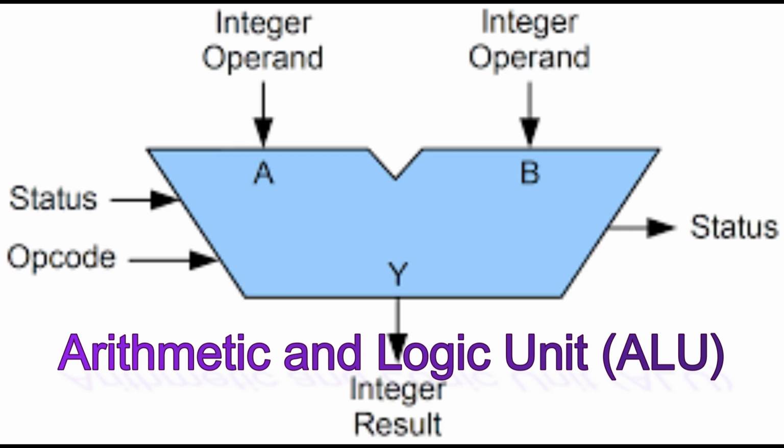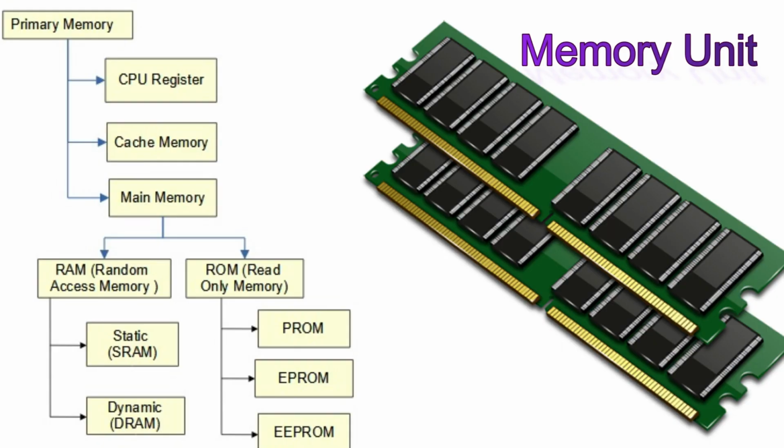So the next component is arithmetic and logic unit or ALU. ALU is responsible for doing all arithmetical and logical operations. The next component is memory unit or the primary memory. Primary memory stores the data and instructions that are actively used by the CPU.